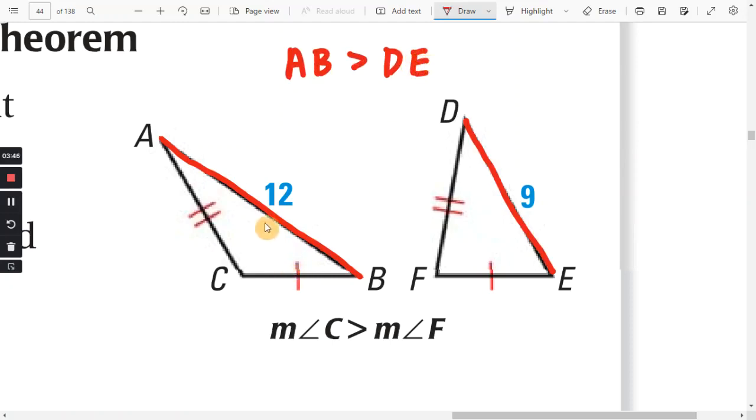Now, if you go across from the longer side, that angle is angle C. That's going to be greater than the angle that's across from the shorter side. All right, so since 12 is greater than 9, angle C is greater than angle F. And that's what they said right here. Measure of angle C greater than measure of angle F.